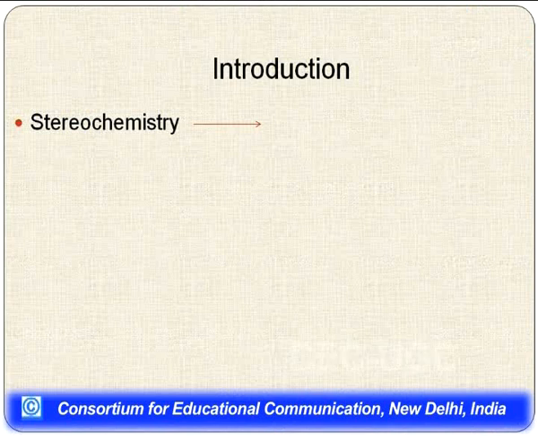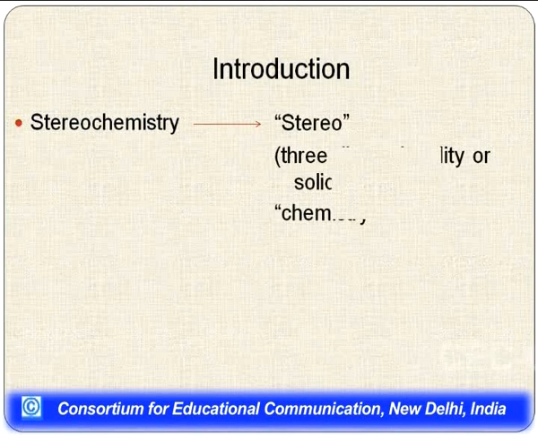Stereochemistry evolved with a term which is called stereos. As you can see in the slide, stereochemistry can be divided into two parts. Number one is stereo, which means solidity or three-dimensionality of a molecule per se, and the word chemistry gives the chemistry part of it.